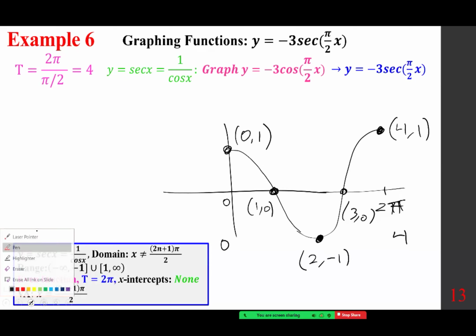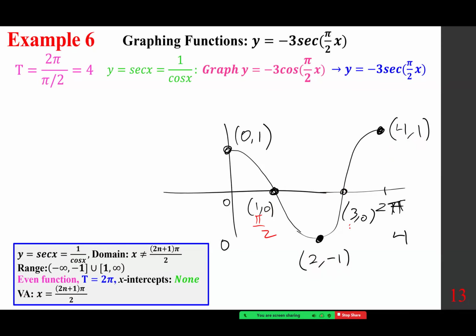Again, normally this would be 0, 1. This would be what? π/2, 0. Okay. 3π/2, 0. 2π, 1. Okay. π, -1. Let's actually write all of those in red. So this should be π/2, 3π/2. This should be π.